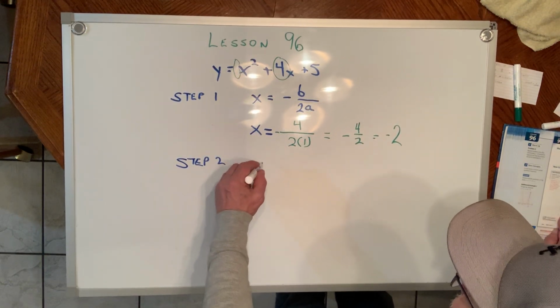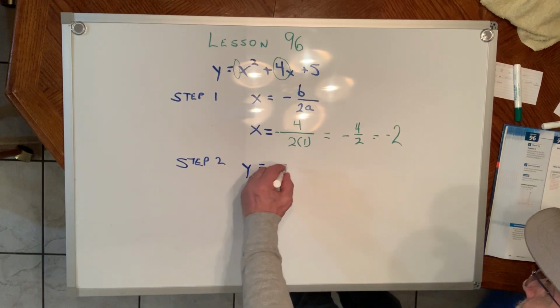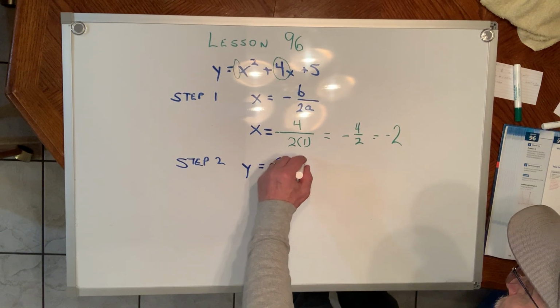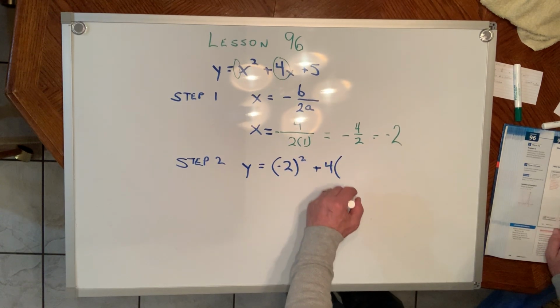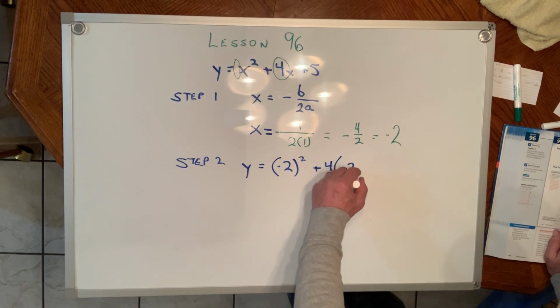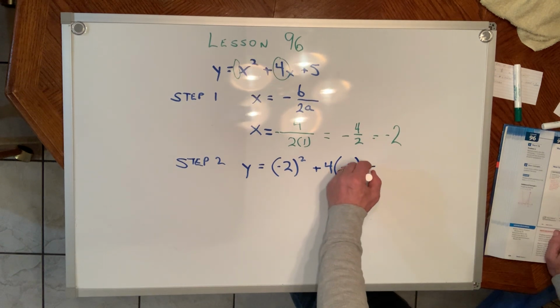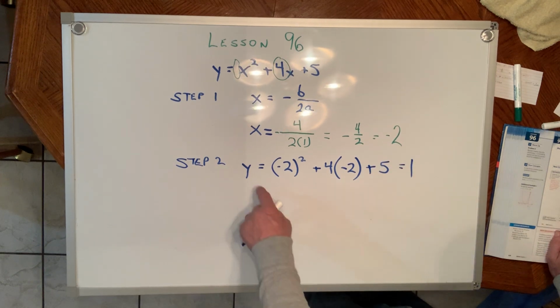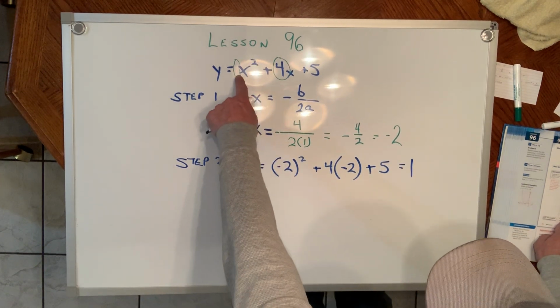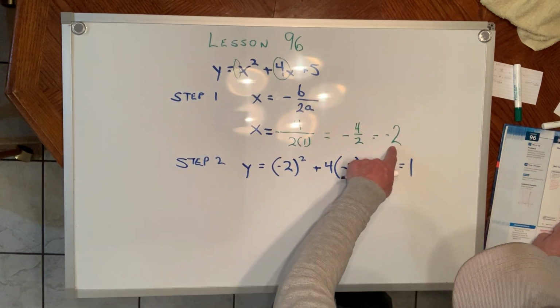And we get y is equal to negative 2 squared plus 4 times negative 2 plus 5 is going to equal 1, because for the x, we plugged in this negative 2.